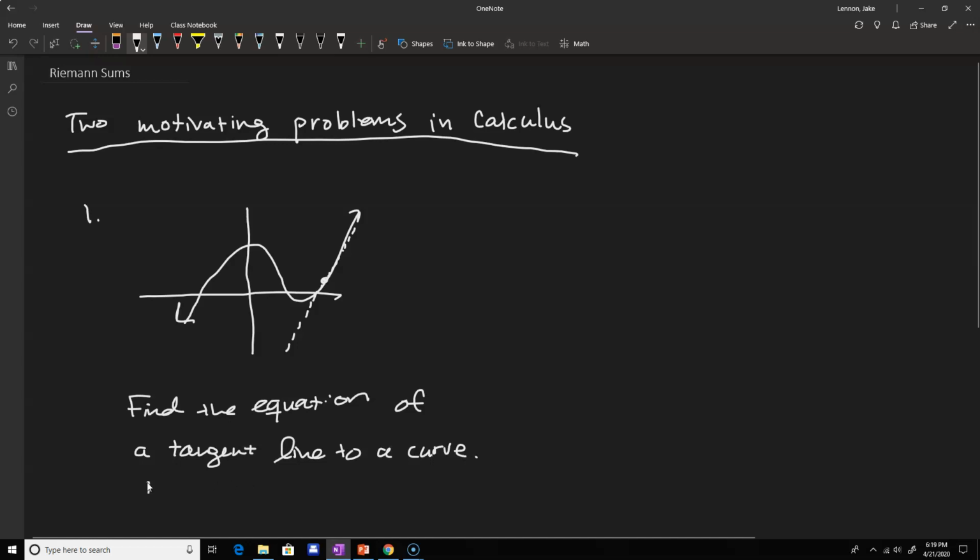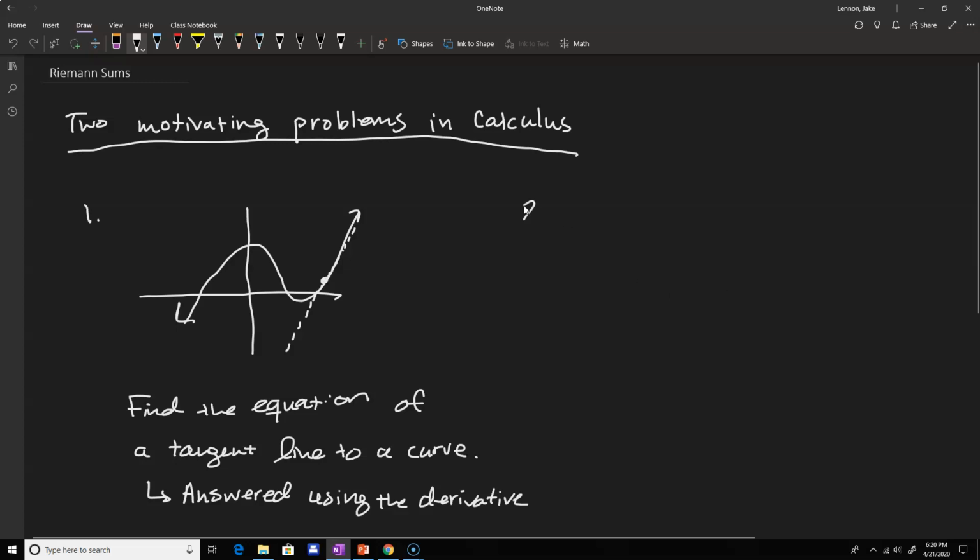And basically, this is answered using the derivative. So if we can find the derivative, then we have a method to find the tangent line to that curve at any given point. So we had lots of application problems.